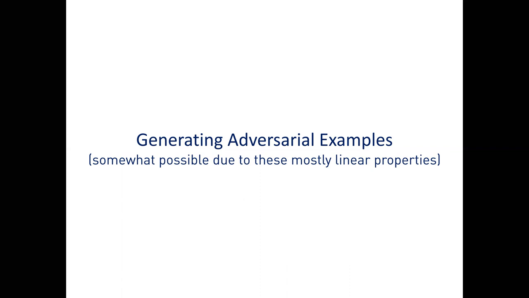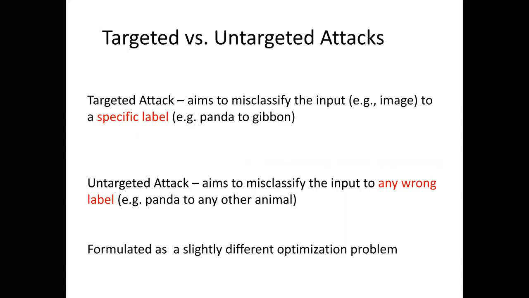Now, what we want to take a look at is how you actually generate adversarial examples. I have my deep model, and I have some input that gets classified correctly, and the question is how to actually generate these adversarial examples. We're going to start looking at some algorithms for doing so.